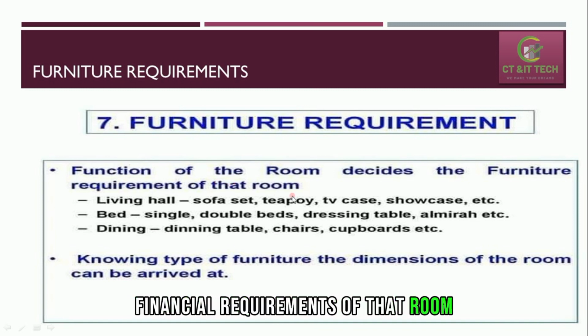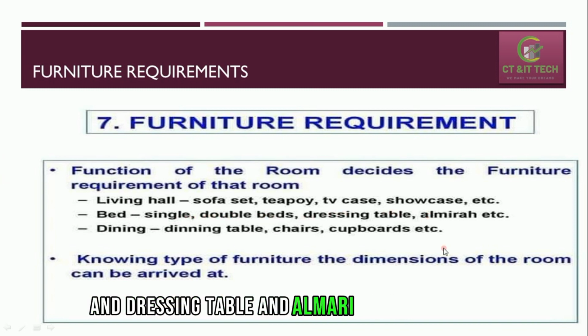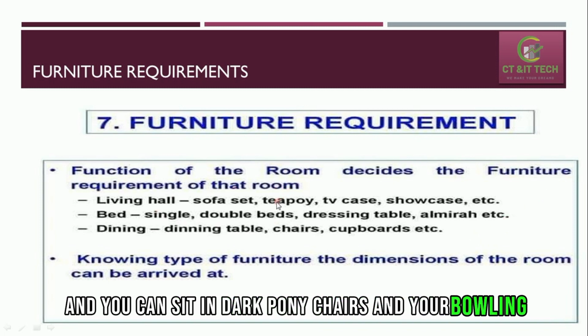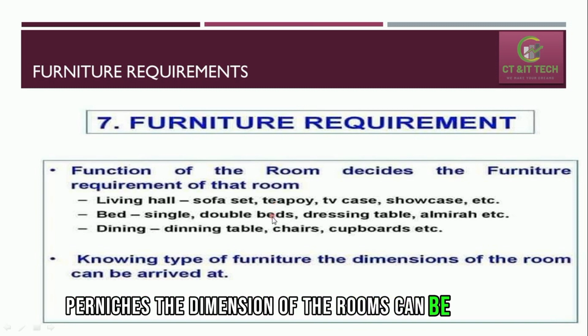A living hall needs a sofa set, teapoy and TV case, showcase, etc. A bedroom needs single or double beds, dressing table and almirah, etc. A dining room needs a table, chairs, a cupboard, etc. Knowing the type of furniture, the dimensions of the rooms can be arrived at.